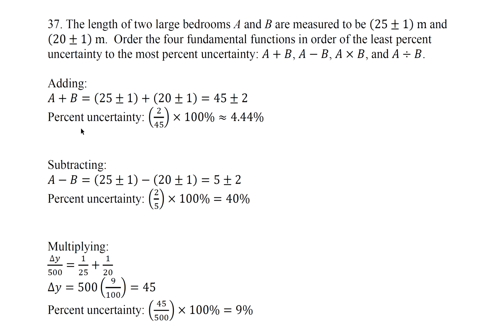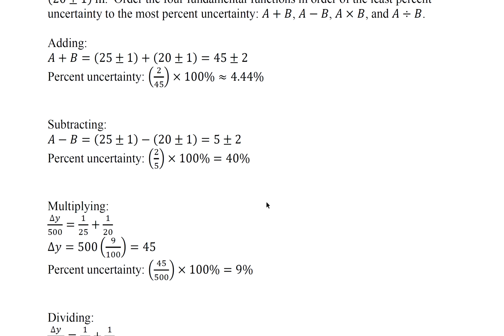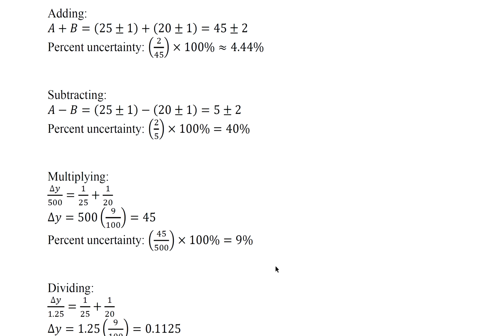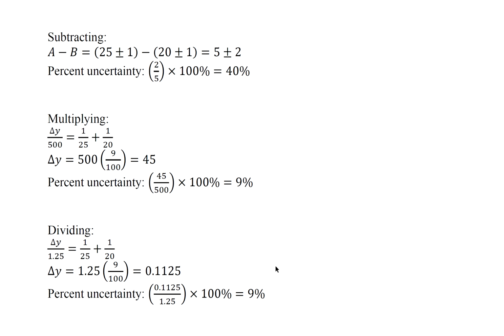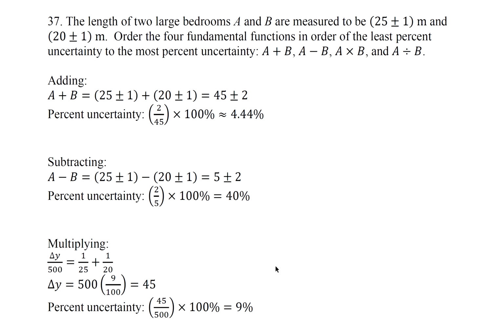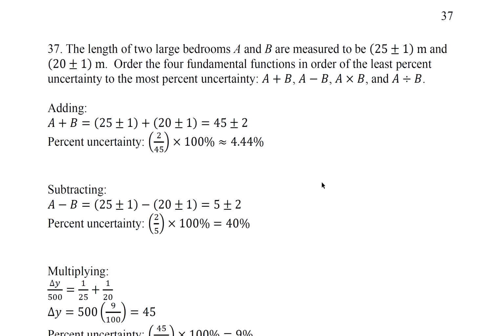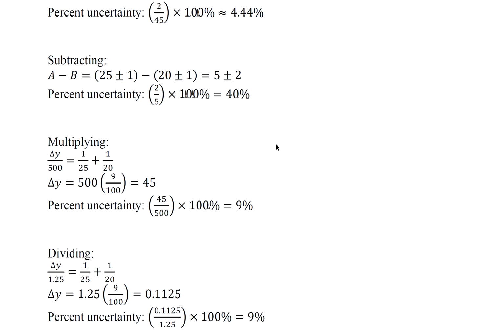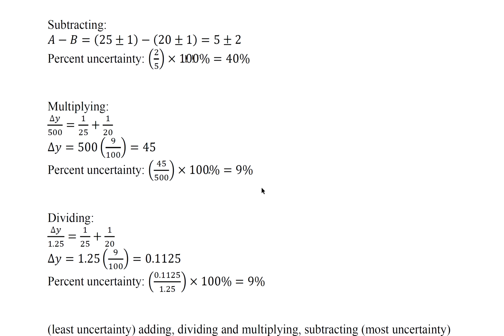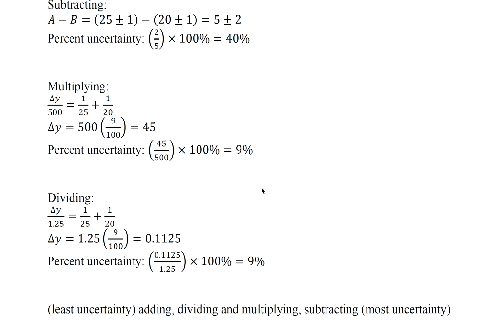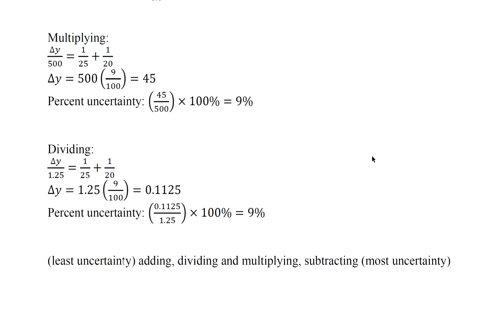And you notice for a plus b, our percent uncertainty is 4.44%. When subtracting, percent uncertainty is 40%. When multiplying, percent uncertainty is 9%, and dividing, percent uncertainty once again is 9%. So the problem tells us to order from least percent uncertainty to most. So the least uncertainty is adding, then multiplying and dividing are equal, and then finally subtracting gives us the most uncertainty.